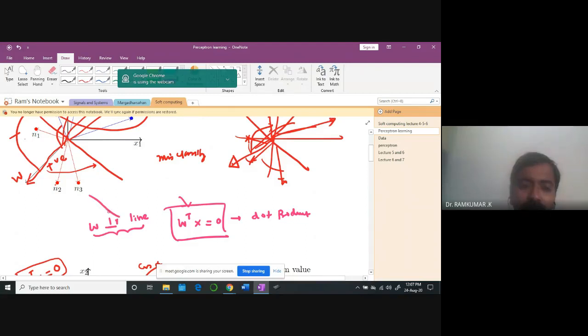If the weight vector is pointing like this, then this side is positive and this side is negative. Any point lying in this region is going to have an angle less than 90 degrees with the weight vector. This line is W transpose X equal to 0, so the weight vector is perpendicular to the line.